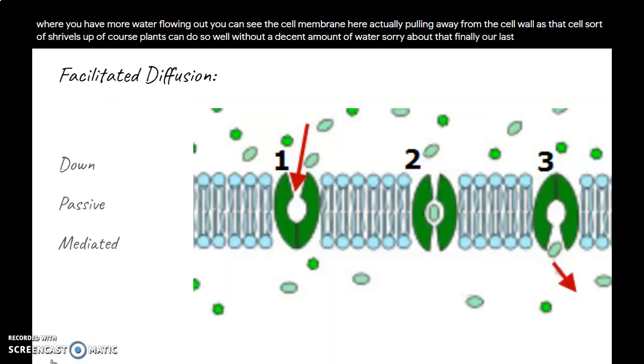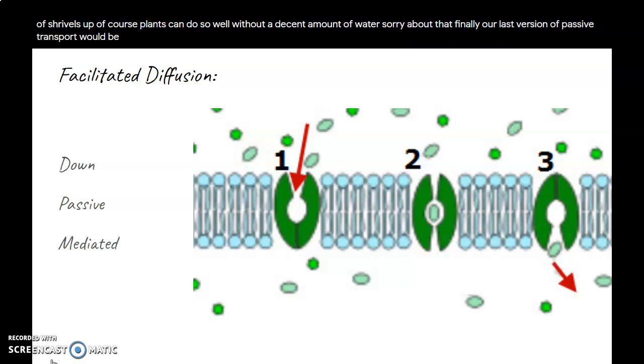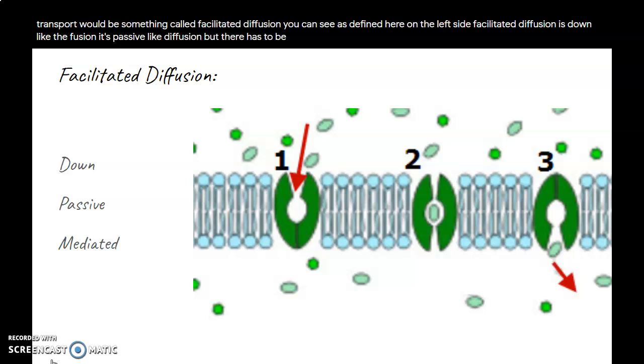Finally, our last version of passive transport would be something called facilitated diffusion. You can see, as defined here on the left side, facilitated diffusion is down, like diffusion. It's passive, like diffusion, but there has to be something different, and the something is that it is mediated.